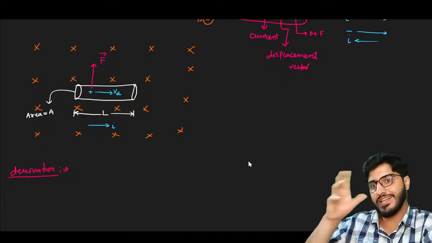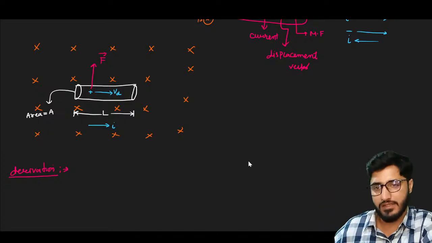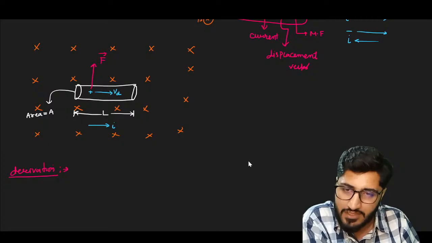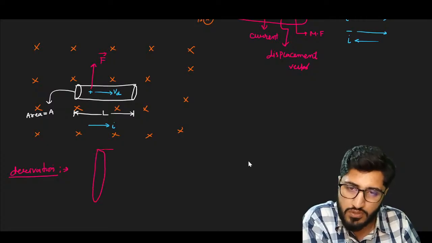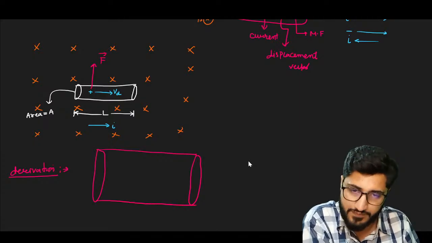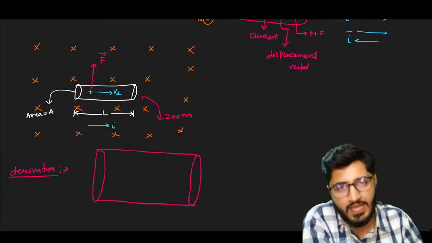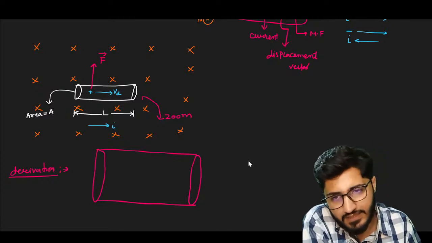Okay, sir. So can I do one thing? I will just zoom. It is a zoom version of your conductor. I just zoom it. Big. I will take here charged particle, a small area.